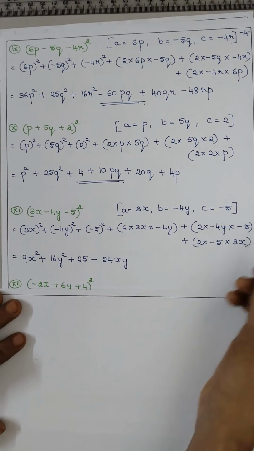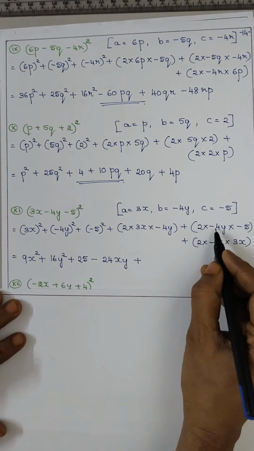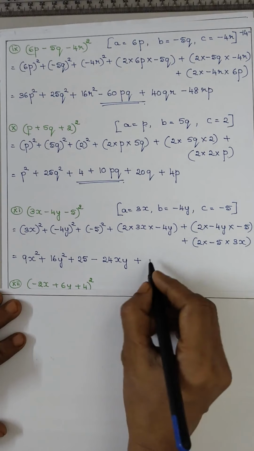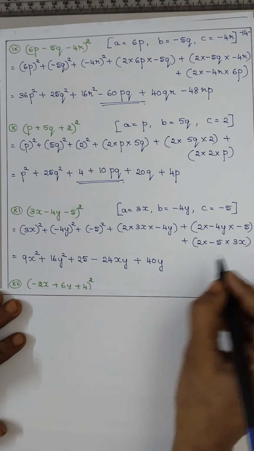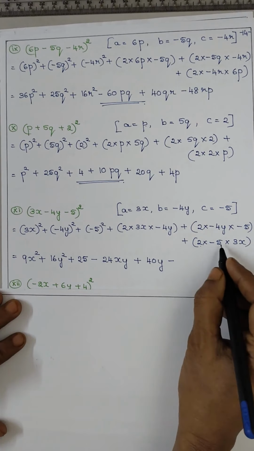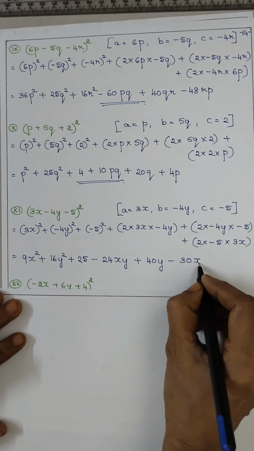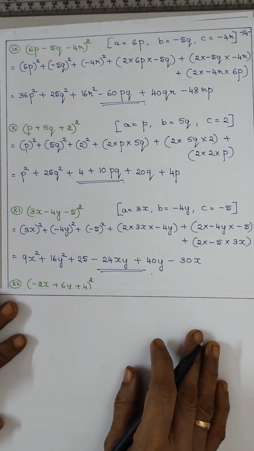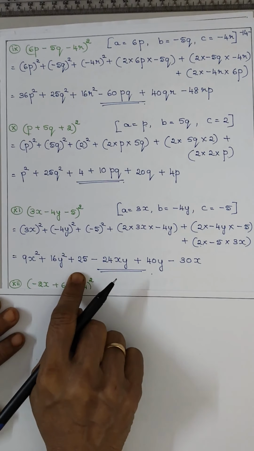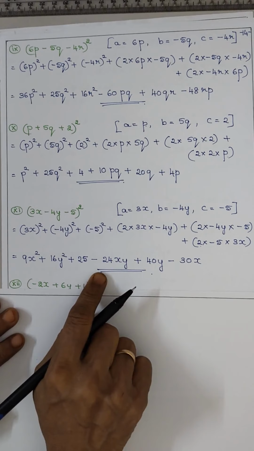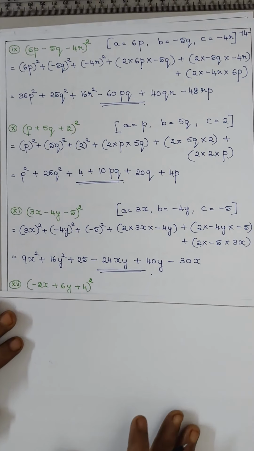Now 2 negatives, so the answer will be plus. 2 4s are 8, 8 5s are 40, y. 1 negative minus 2 5s are 10, 10 3s are 30, x. So you got the answer, 9x squared plus 16y squared plus 25 minus 24xy plus 40y minus 30x.